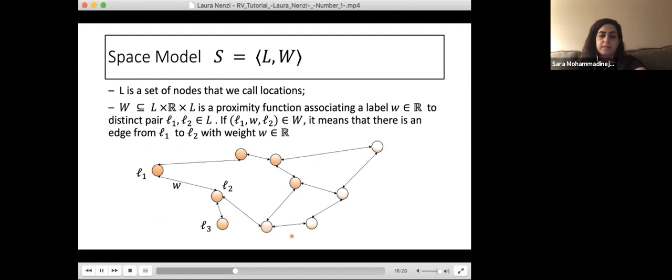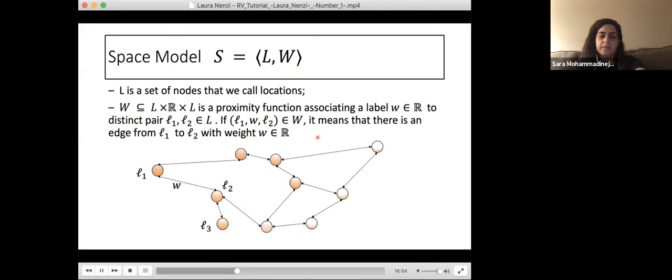So we define a space model as a tuple (L, W), where L is a set of nodes that we call locations, and W is a proximity function that associates a label, that is a real value, to each distinct pair that are connected.